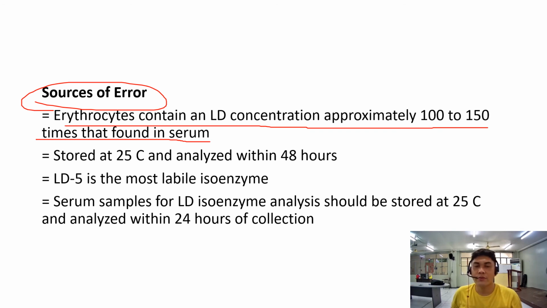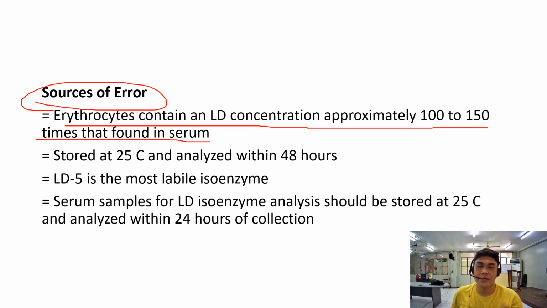LD5 is the most labile isoenzyme, or cold labile, meaning you should not store an LD5 specimen in cold temperature because cold temperature will inhibit LD5. Serum samples for LD isoenzyme analysis should be stored at 25 degrees Celsius and analyzed within 24 hours of collection.